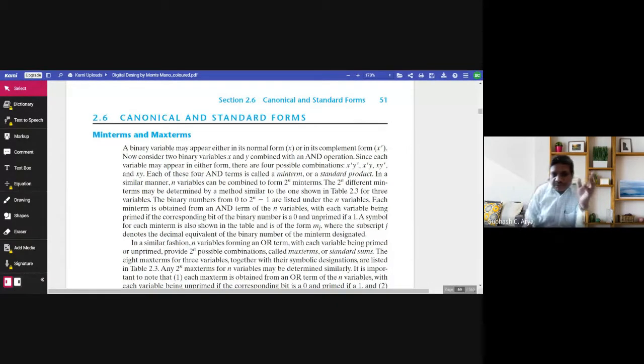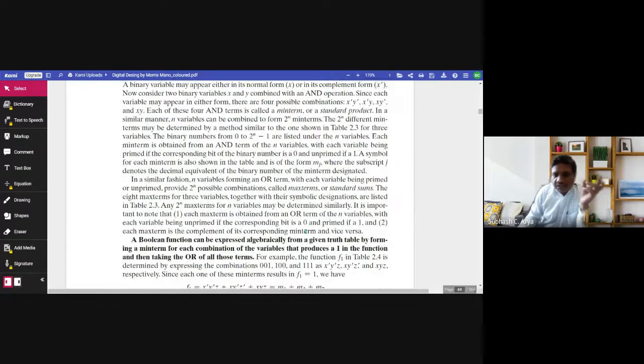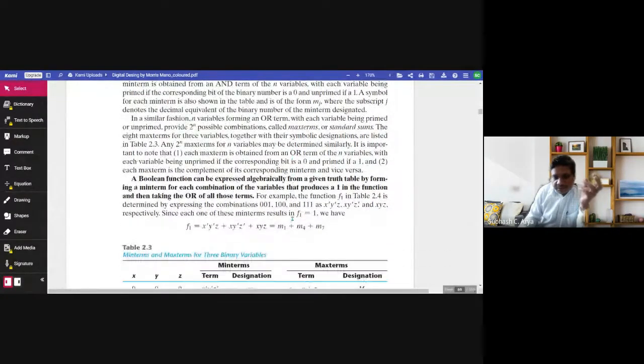However, if these variables, in complement or normal form, are connected together with an OR operation, then that is called a maxterm. And minterm and maxterm are complementary in nature.